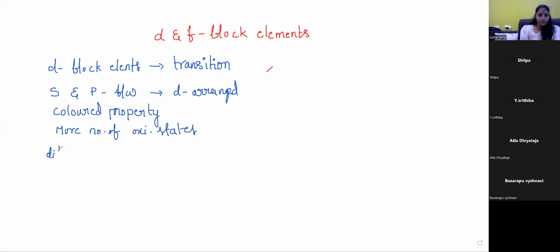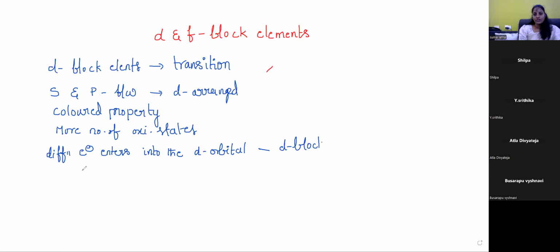The differentiating electron enters into the D orbital, then we can call them D block elements.